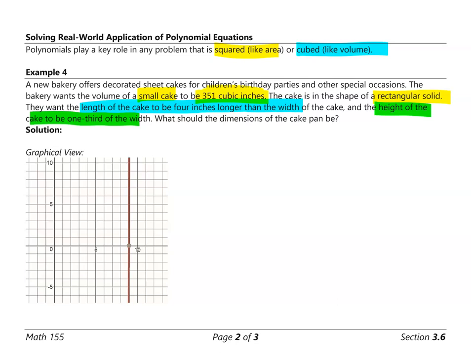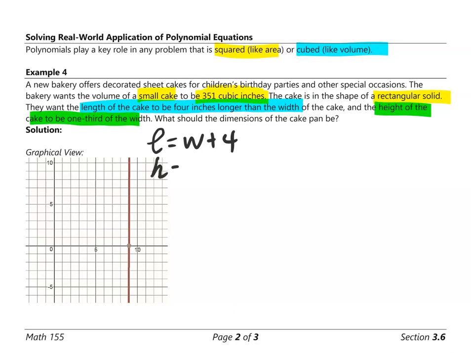So what do we know here? So what do we have here? So length of the cake to be 4 inches longer than the width. So the length L is 4 inches longer than the width. So we can say that that is W plus 4. What else? Height of the cake to be 1/3 of the width.